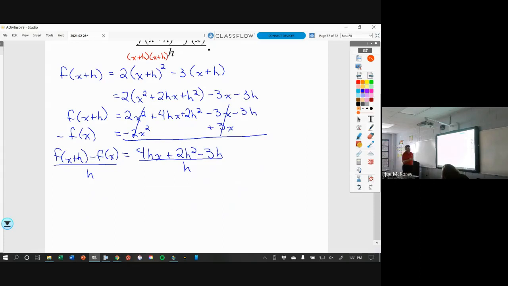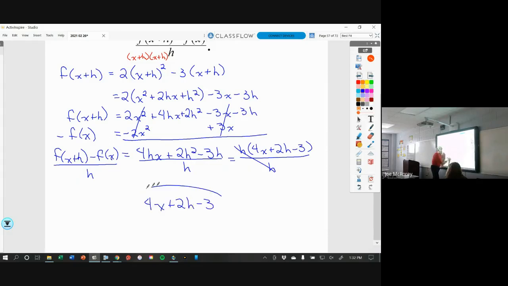In the numerator, I can factor an h out of all 3 terms, which gives me h times 4x plus 2h, because there was an h squared and now there's just one h, minus 3, and that is divided by h. Those h's cancel. So the difference quotient is 4x plus 2h minus 3.